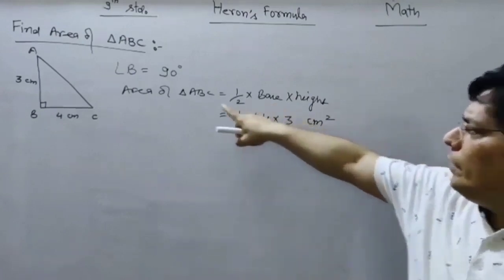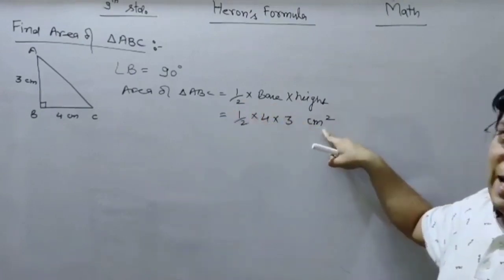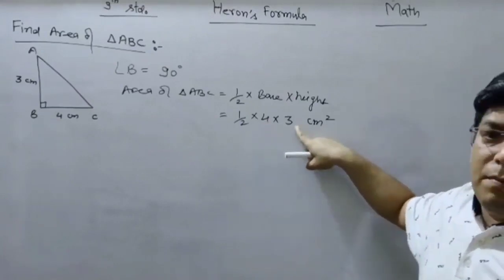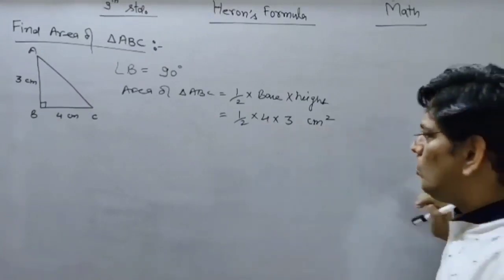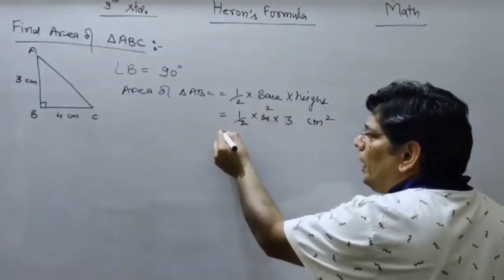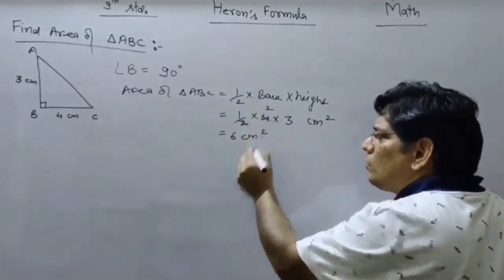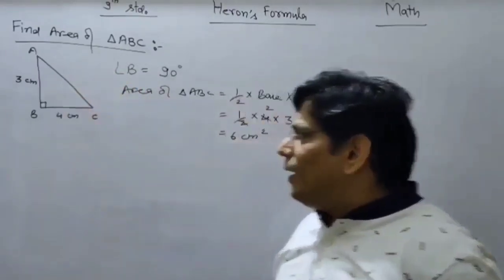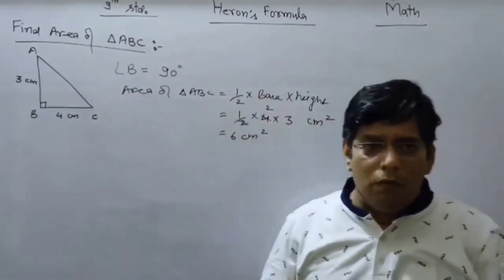Whenever we calculate the area, the unit will be centimeter square, because this centimeter and this centimeter will be multiplied, and you will get centimeter square. So the area using the right angle triangle and half into base into height will be 6 centimeter square.